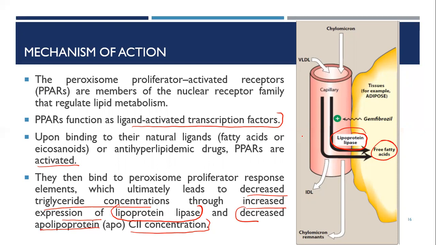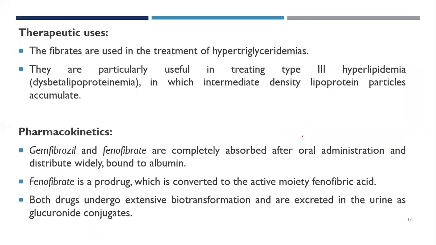They decrease the circulating TG levels as well as cholesterol levels, as well as they reduce the circulating LDLs and VLDLs. So the therapeutic uses, they are used in treatment of hypertriglyceridemias. Mainly they are used for the hypertriglyceridemia.